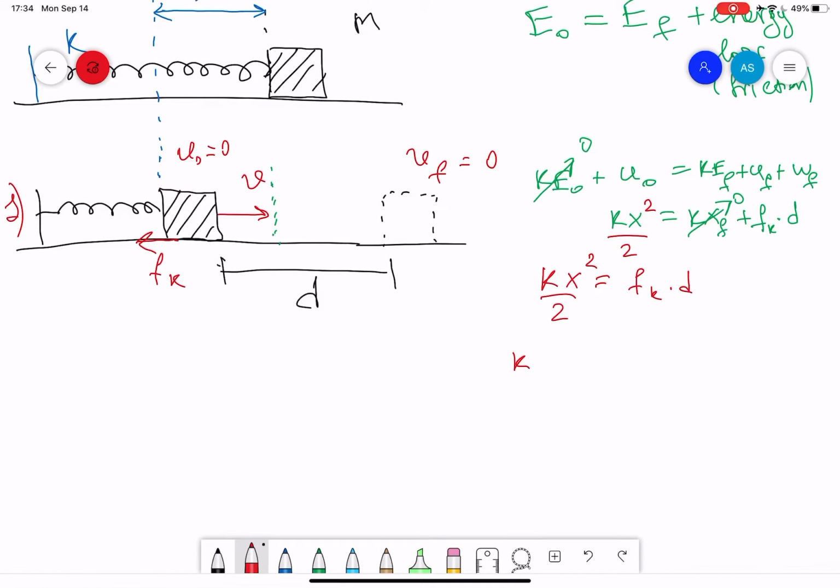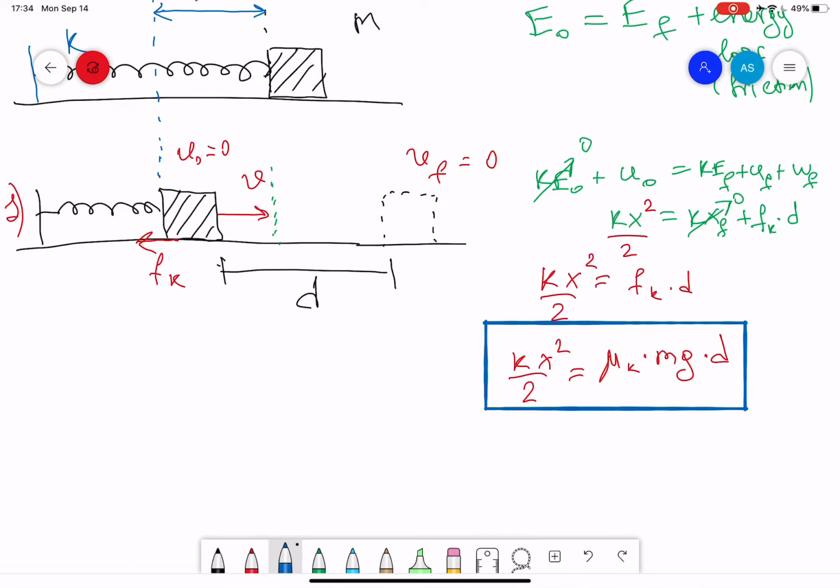If we continue, kx squared over 2 is equal to mu k times the mass of the box times g times d. Now we have a formula where you can find what is unknown. Sometimes you can find how much it's compressed, or the coefficient of kinetic friction, or the distance the box moves before it stops.